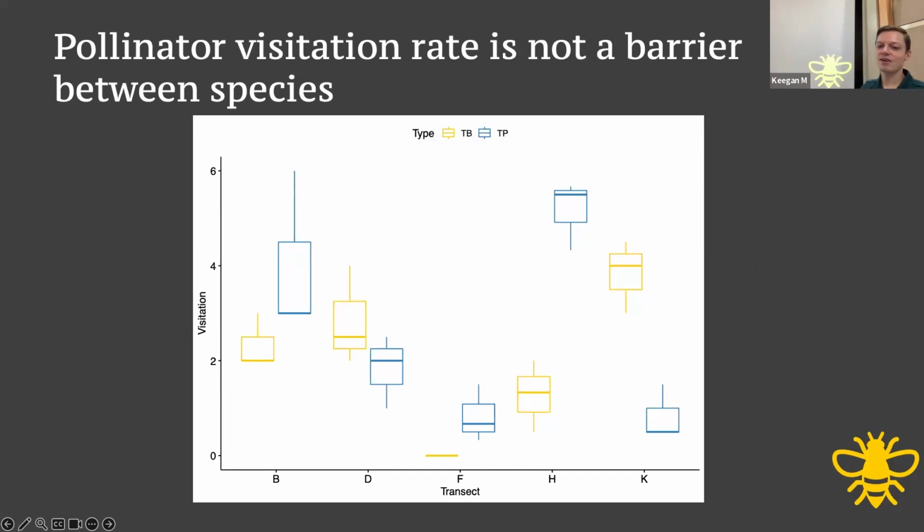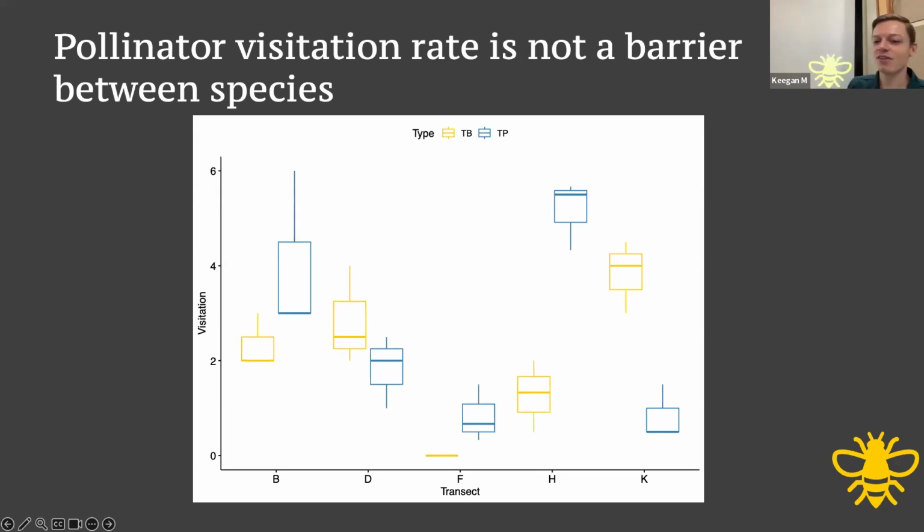In my study, I found a significant site effect and significant site-by-type interaction again, but no consistent overall effect between groups in terms of visitation rates. As you can see here, at some sites, the visitation of biflora was much higher, and at some sites, the visitation of Perfoliata was higher. So pollinator visitation is not likely a significant barrier between these species either.